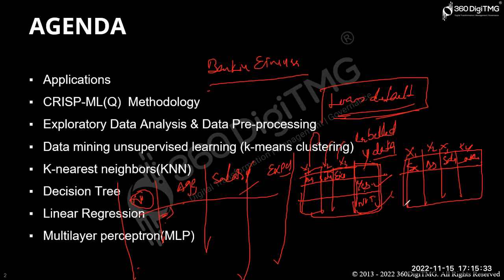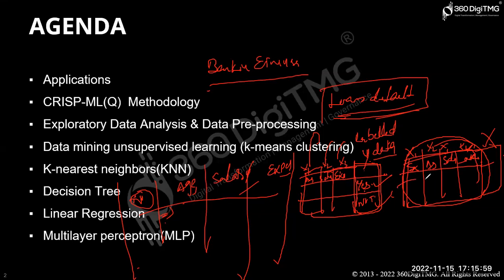For those, we don't have any output saying that, based on this data, we can say whether that particular person will default or not. Do we have any outputs? No. Based on this data, we will be coming up with some similarities.